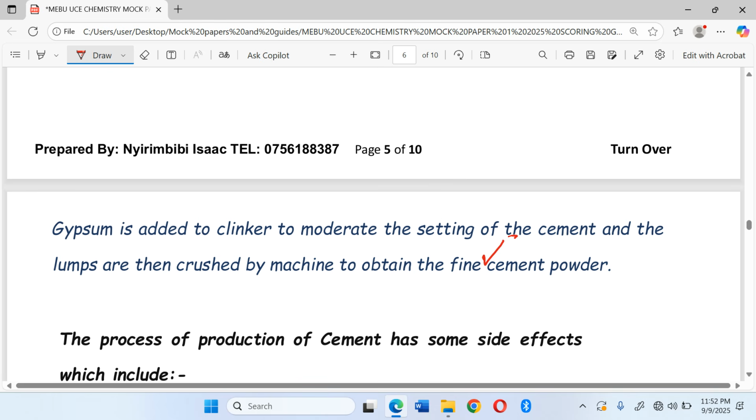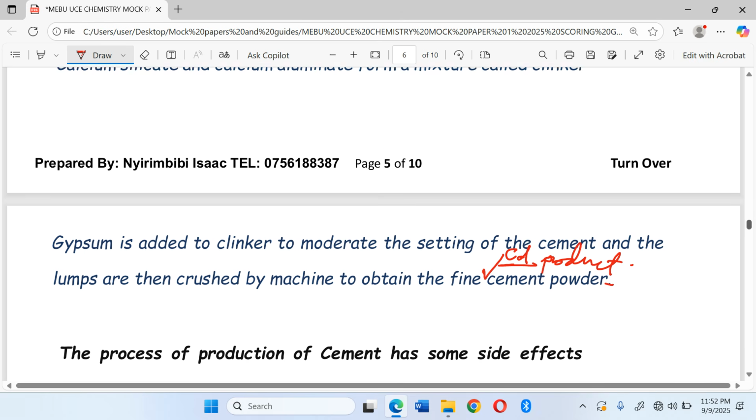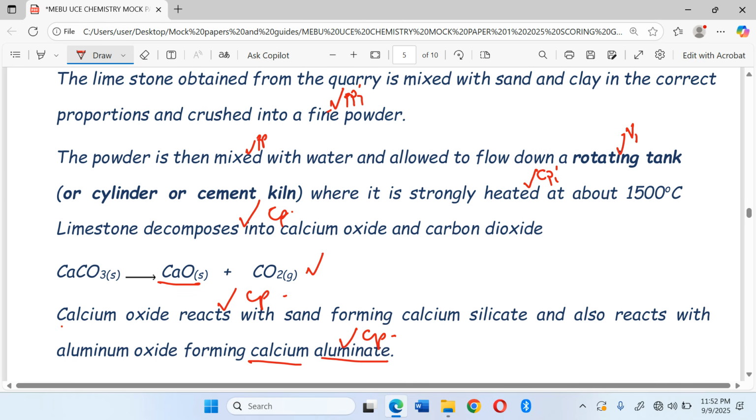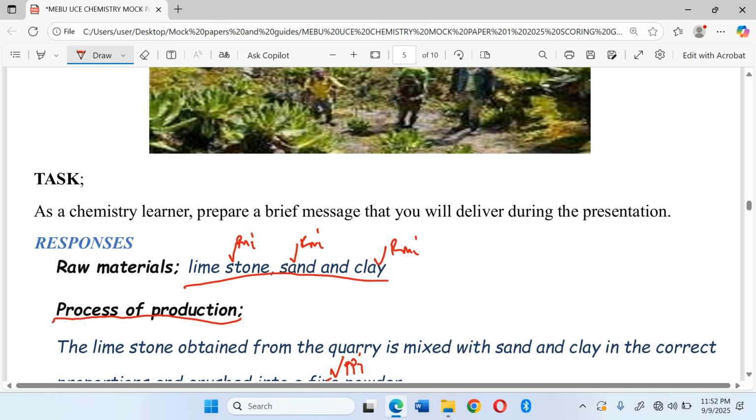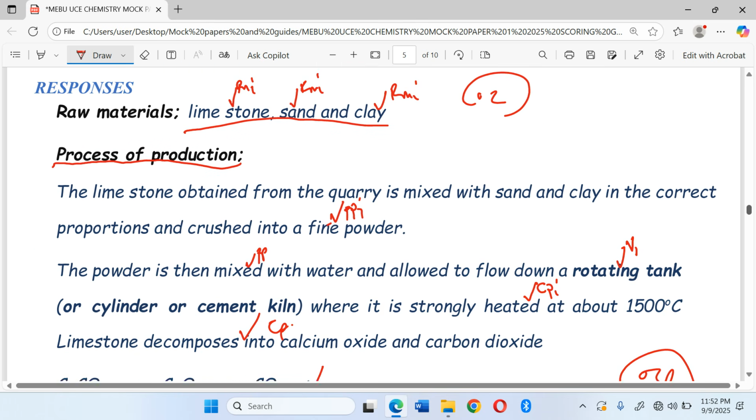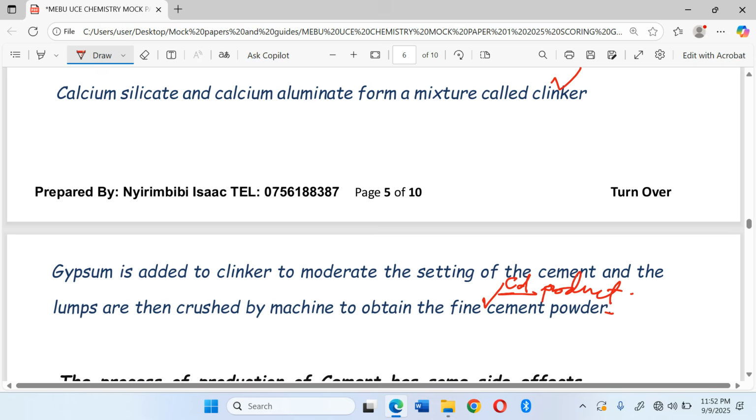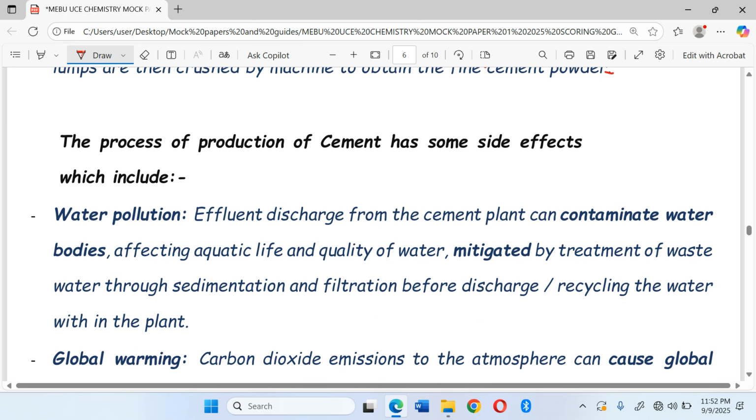You see, this is the conversion to the desired product. And there, your process of production is done. You get all your 4 scores, and on the raw material you also get 2 scores. You can see you'll be having all the 6 scores there.